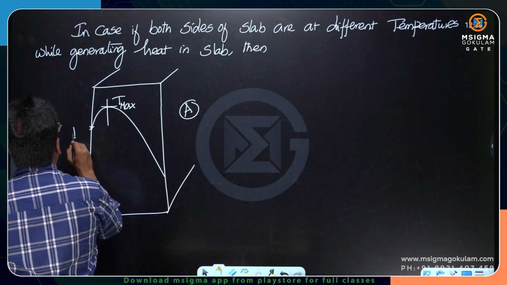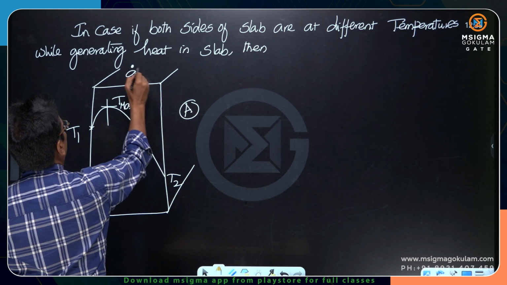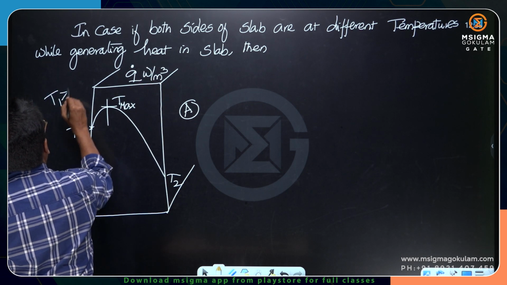This means T1 is greater than T2. Uniform heat generation is there. T1 is greater than T2.